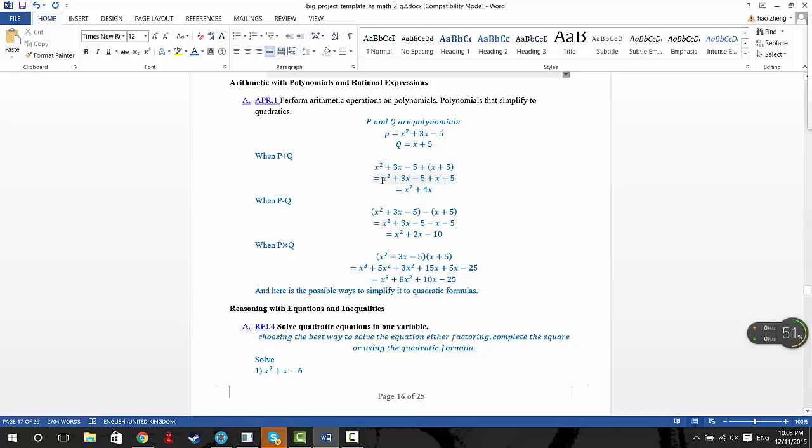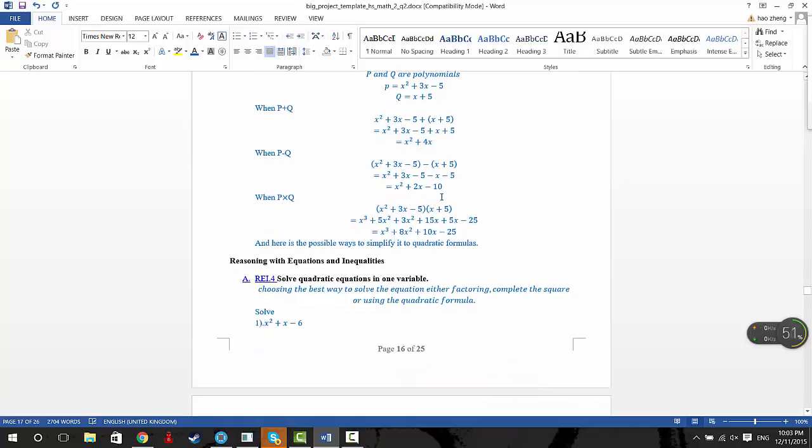Very simple. So here is what we do. The x to the power of 2 stays the same, and there's an x, right? We add it together, so it'll be 4x, and there's negative 5 and plus 5, which cancel each other, so there's nothing left. So here's the simplified answer.